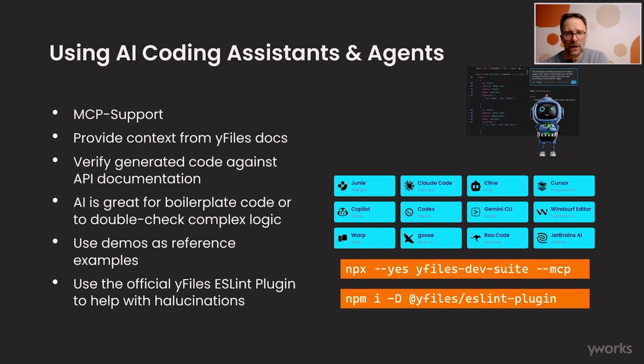Now this one is new. If you're tired of reading through the documentation, you can also use AI coding assistants to help you with that. We have a so-called MCP tool implemented. It's actually part of the dev suite. This is the way that you can launch it, or the way that an AI coding agent, like the ones over here, can launch it.